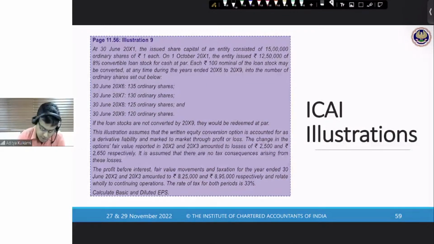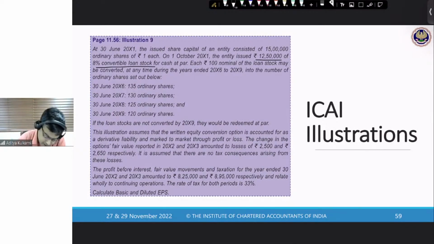At 30th June 20x1, the issued share capital of an entity consisted of 15 lakh ordinary shares of rupee 1 each. On 1st October 20x1, the entity issued 12 lakh 50,000 of 8% convertible loan stock for cash at par.